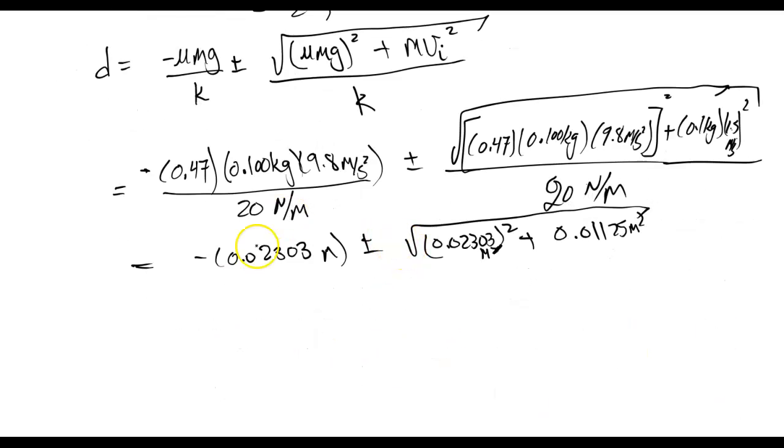This will give us two values, d1 equals 0.086 meters, d2 equals negative 0.132 meters.